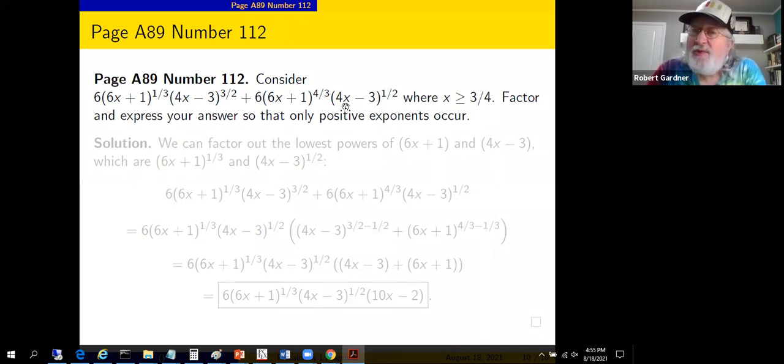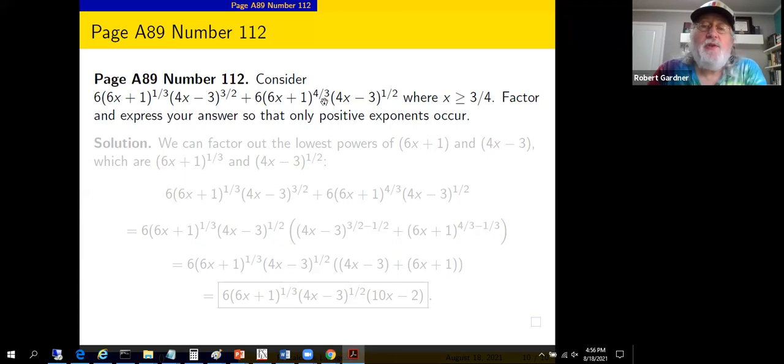Plug in 3/4, you'll have 4 times 3/4, that's 3, minus 3 equals 0. This will be 0 when x equals 3/4. And when x is greater than 3/4, this will be positive. This goes in to avoid taking square roots of negatives. One can check, I leave it to you to explore this. These will also involve positive terms for such x values.